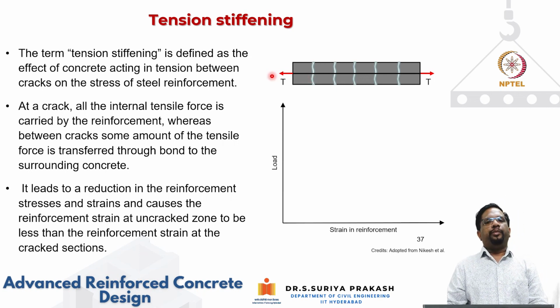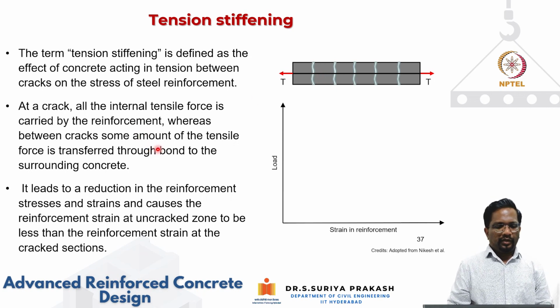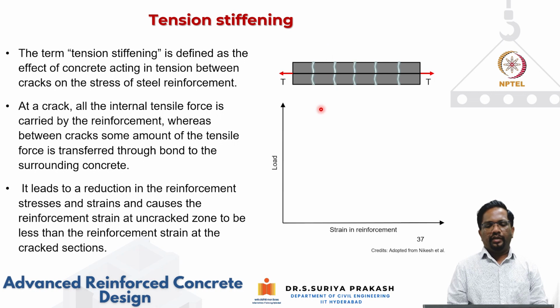And there's also going to be chemical adhesion of cement paste with the bar that will help in bond. So it leads to a reduction in reinforcement stresses and strains, which causes the reinforcement strain at this uncracked location to be less than what you get at this cracked location.